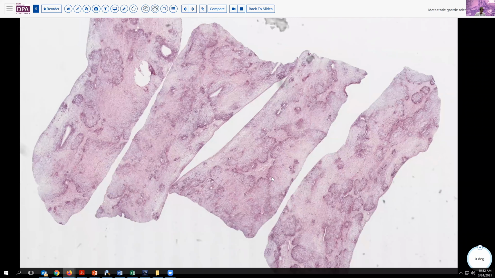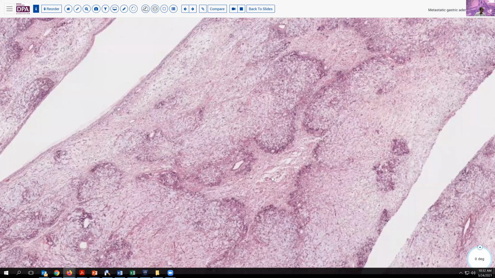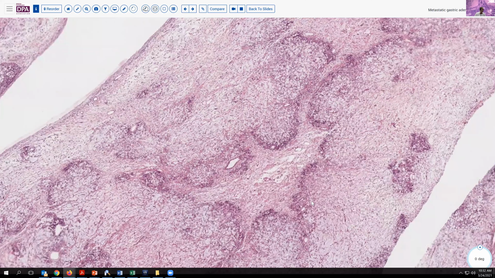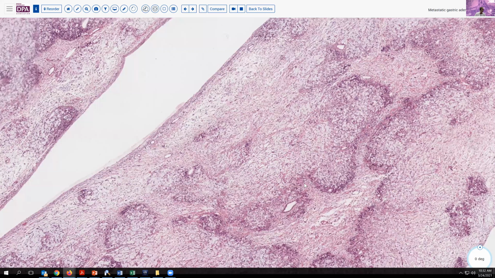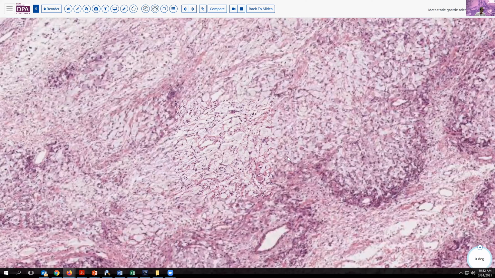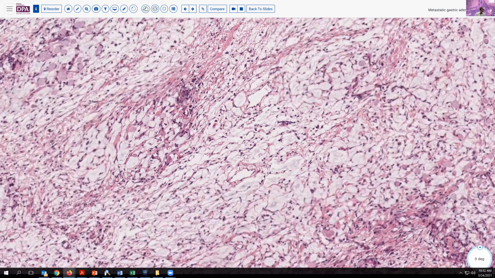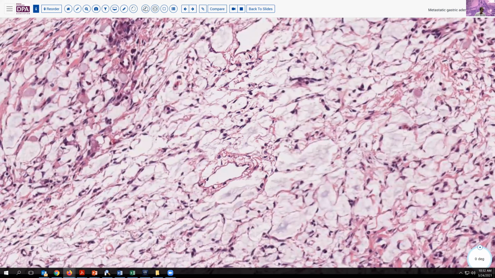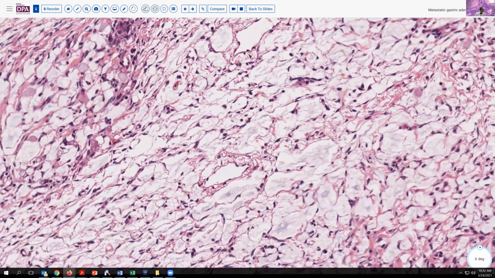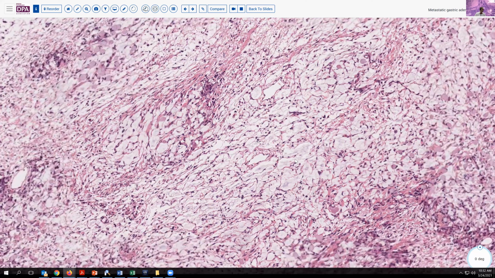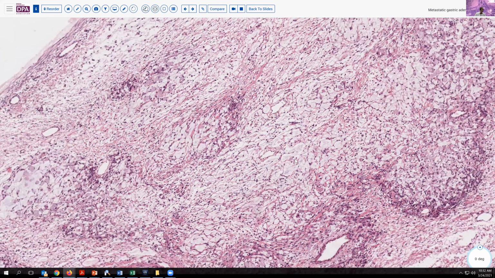As we come into higher magnification here, we see what is causing this is that there is a tremendous amount of mucin within the stroma here that is separating the collagen. And so this is a described pattern known as filamentous or a filigree type of degenerative change.